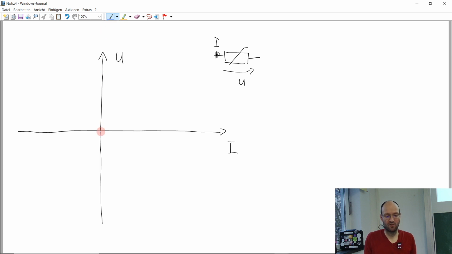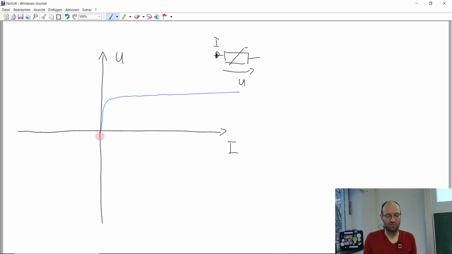If you have small voltages, you have almost no current, but from a certain voltage it gets conductive and you can have a very high current flow.